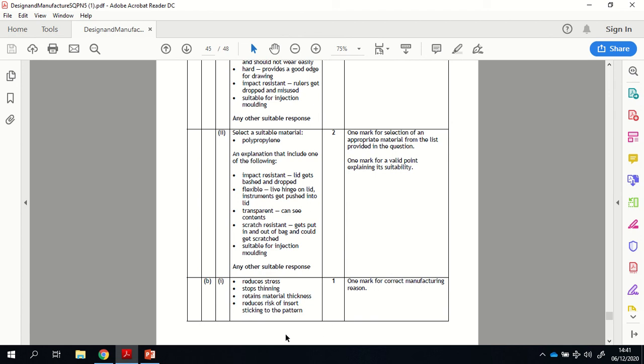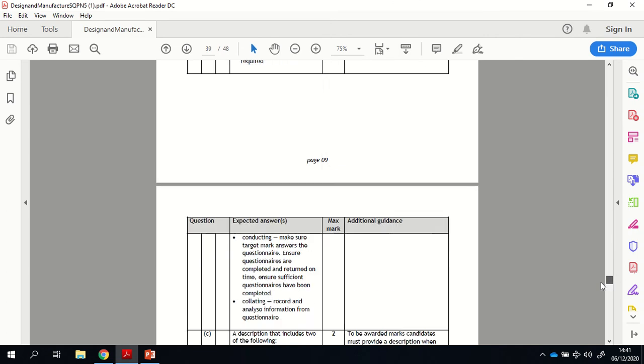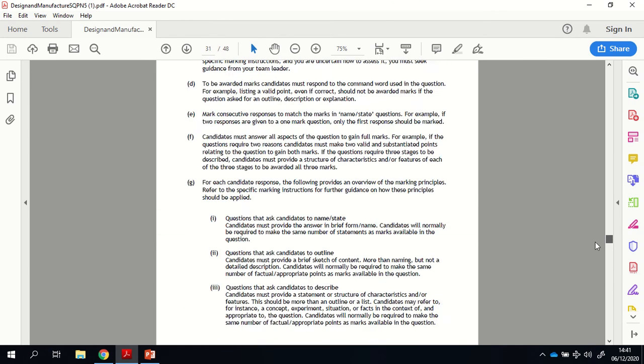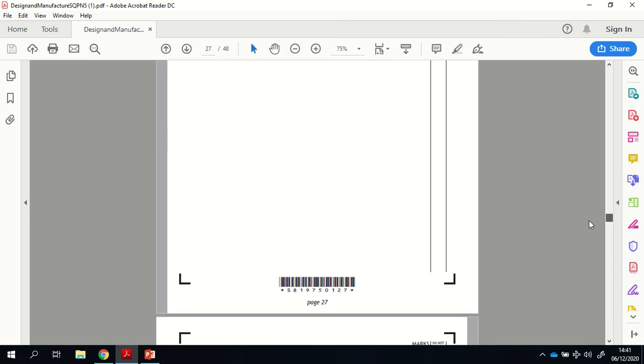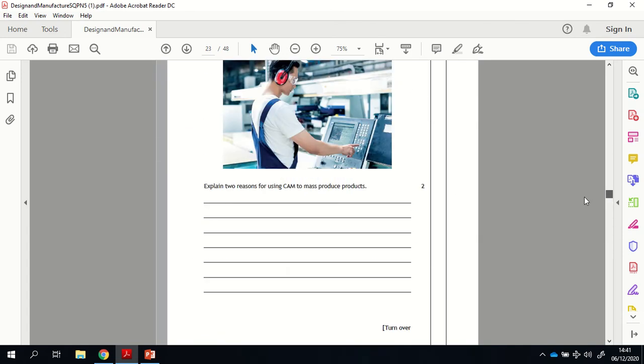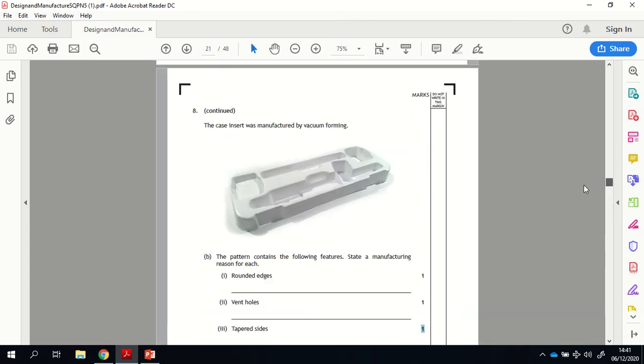And then it reduces the risk of the insert sticking to the pattern. So you can imagine that if it was a 90-degree corner, it might stick at the corner when you try to remove the insert from the pattern, and if it's rounded, then it's much easier to remove it and it won't stick to the pattern. So basically, any of these answers would get a mark, and by using this method, I have learnt more about why a pattern would contain rounded edges.